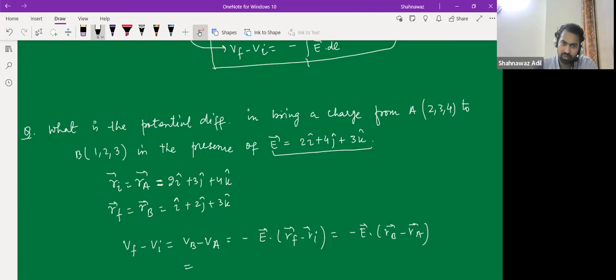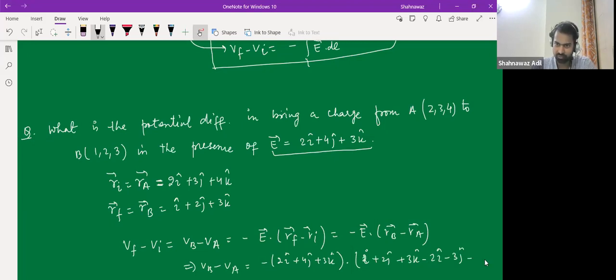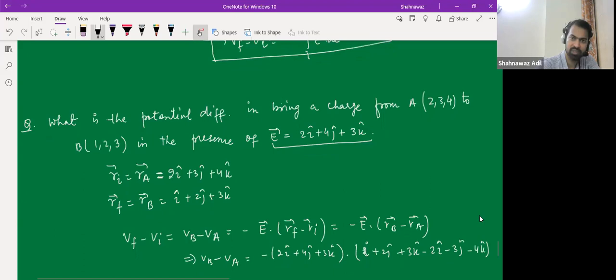So VB minus VA would be how much? E is 2I plus 4J plus 3K, dotted with (I plus 2J plus 3K minus 2I minus 3J minus 4K). You guys calculate and tell me the answer.